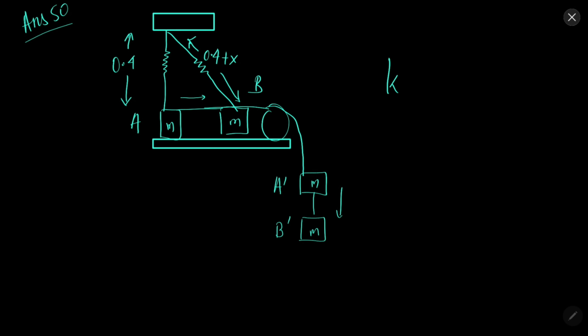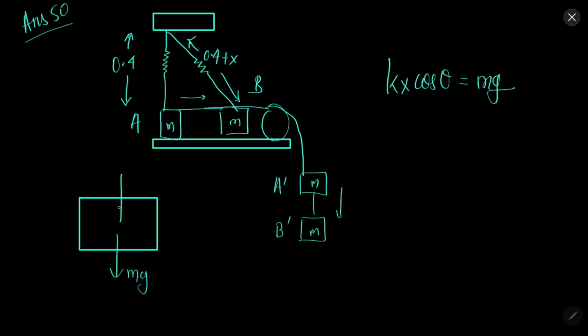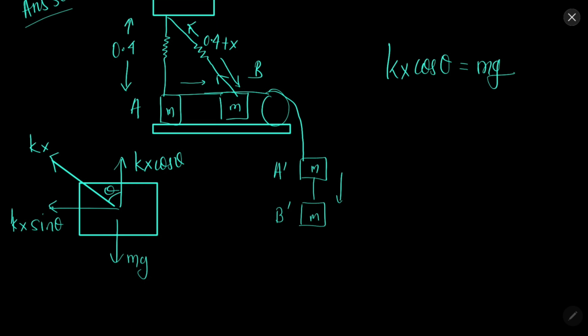So by the free body diagram, kx cos theta will be equal to mg. Let me draw that also so that you do not get confused. This is mg, this is kx cos theta, this is kx by the way, and this is kx sin theta, this is angle theta. Okay, this is kx in this direction.